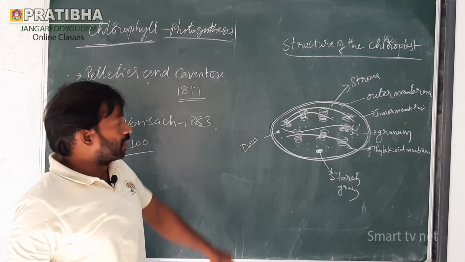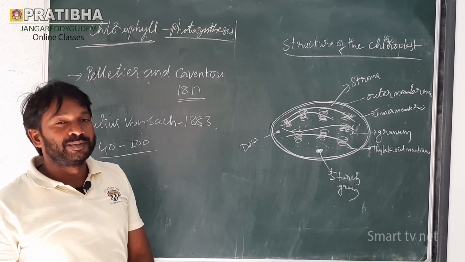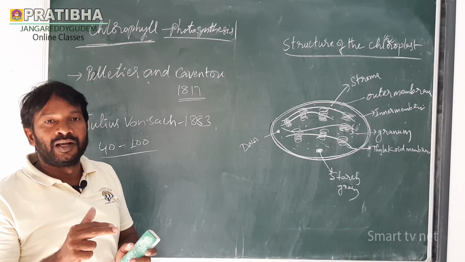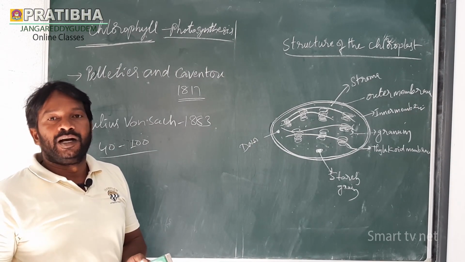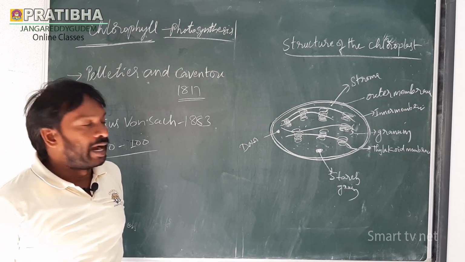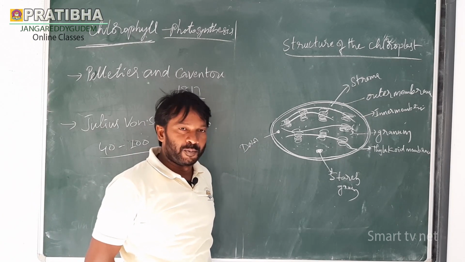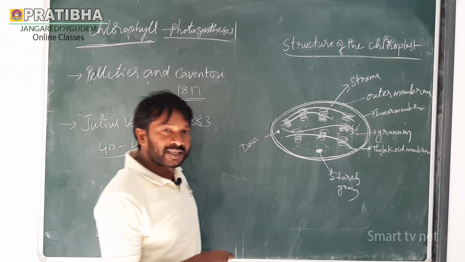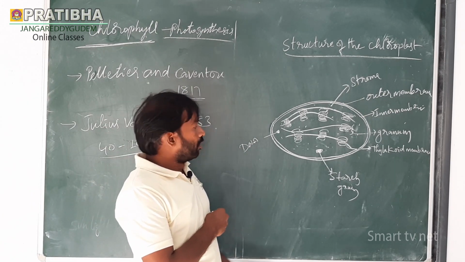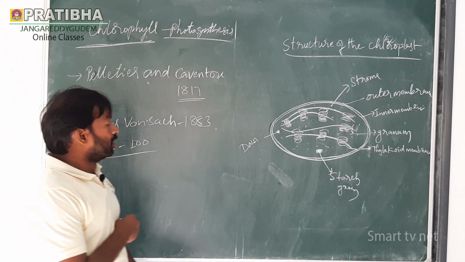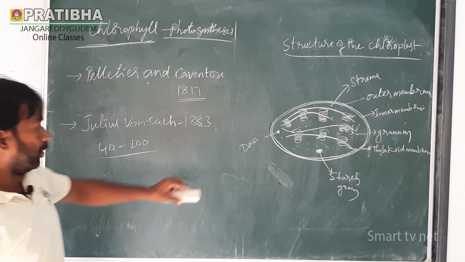The main function of the chloroplast is to trap the sunlight and convert it into chemical energy, and also synthesis of food materials and production of oxygen. This is the function of the chloroplast.